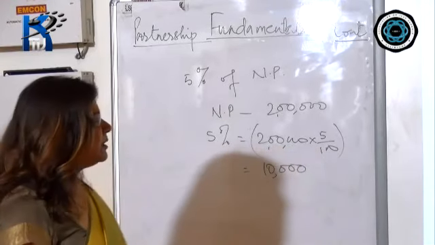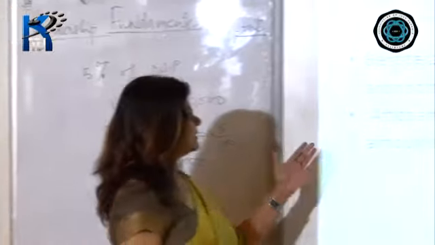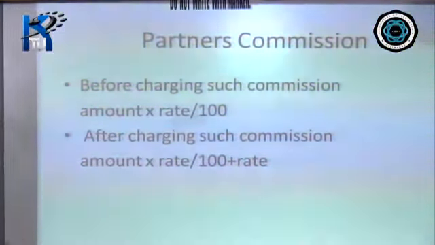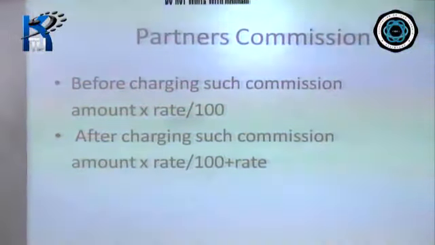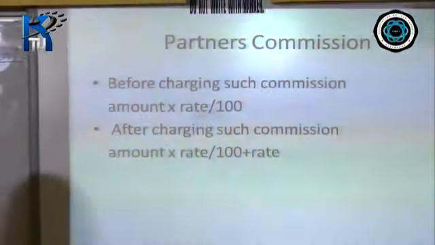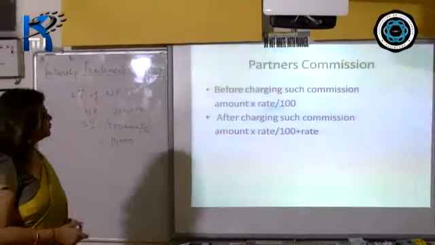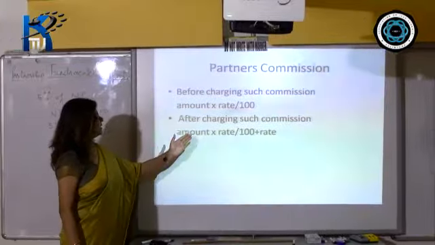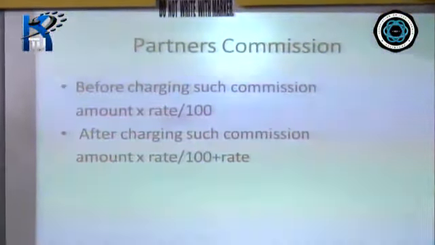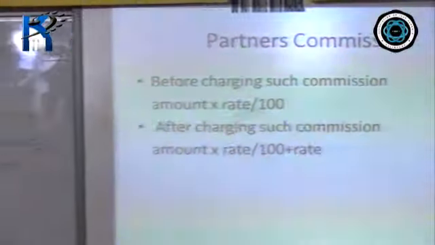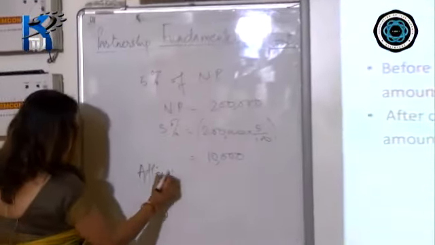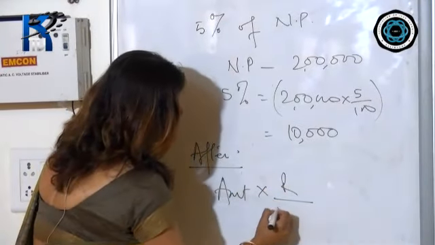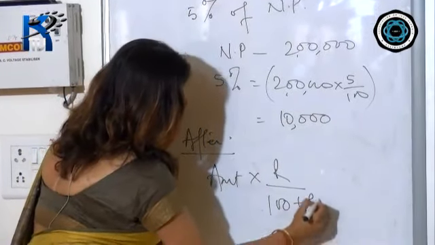But the problem arises when in the question they say partner's commission is 10% of the amount after charging such commission. Wherever the word after comes into the picture, we have to use a separate formula: amount into rate upon 100 plus rate.